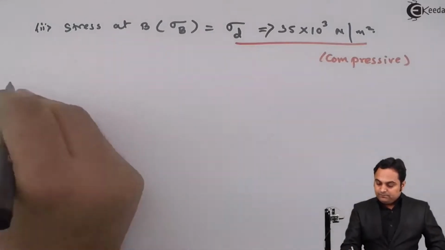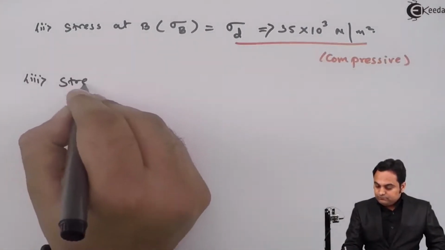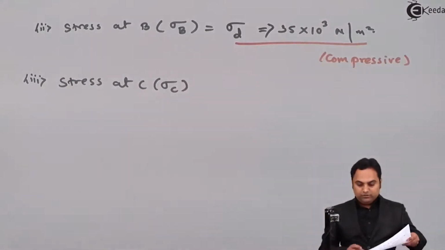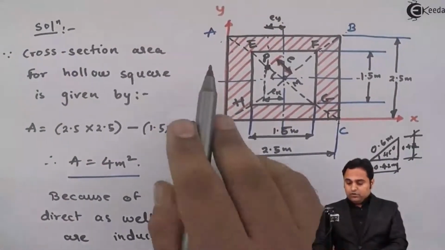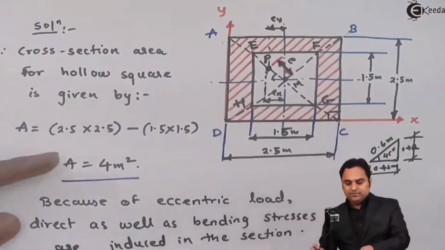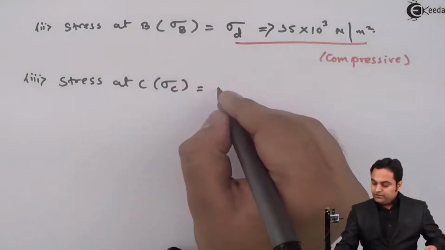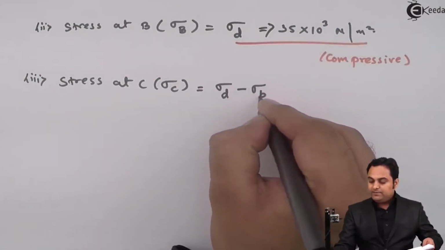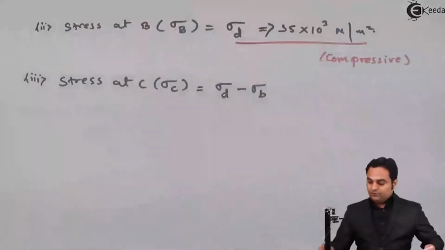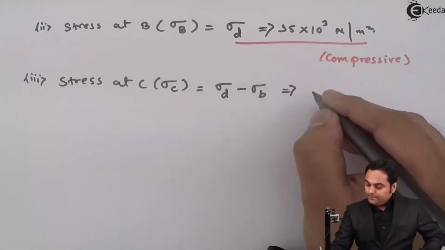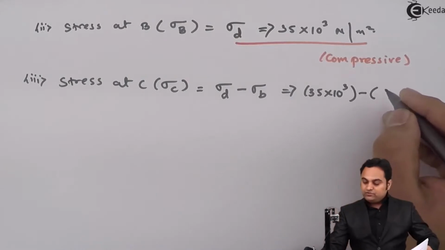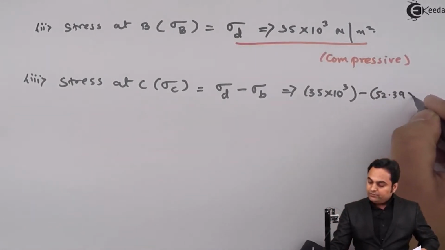Next, stress at C, sigma_C. Opposite to A there is C. At A we had maximum stress, so on C there will be minimum stress. Here it will be sigma_D minus sigma_B, because the load is far away from point C. That is 35 into 10 raised to 3 minus 52.39 into 10 raised to 3.